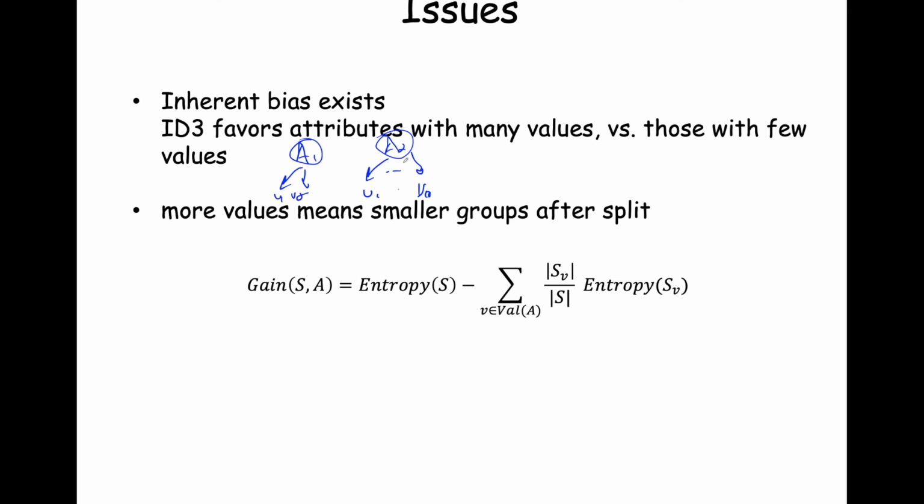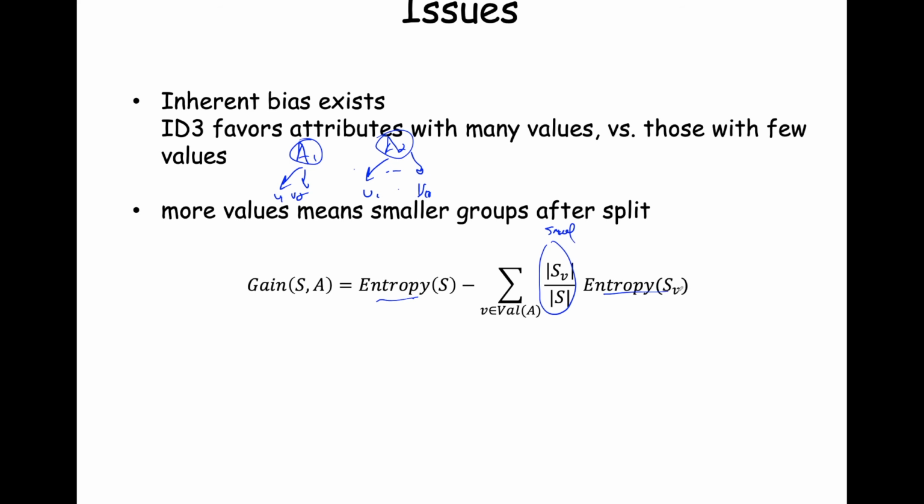If it's more bushy, what ends up happening is that if you partition your data set based on a test for attribute A2, you're going to be building more subsets that each have a smaller number of data points. Now, of course, if you have a smaller number of data points, by the sheer fact that there are fewer different ways you could have an alternative, smaller subsets means smaller disorder. And so when you compute your gain ratio, you notice here a smaller subset, this probability quantity is going to be very small.